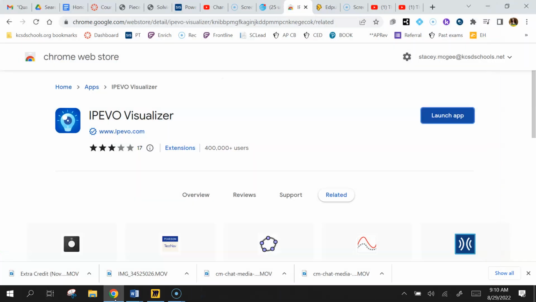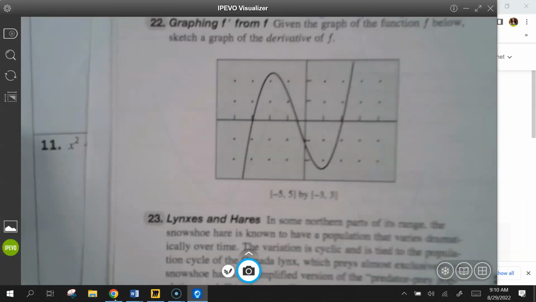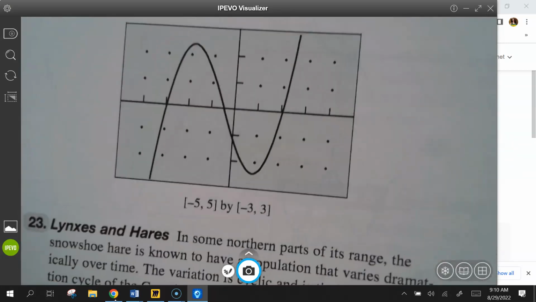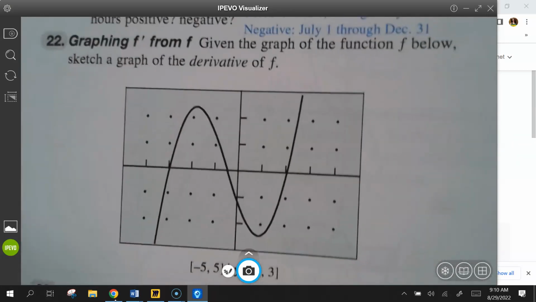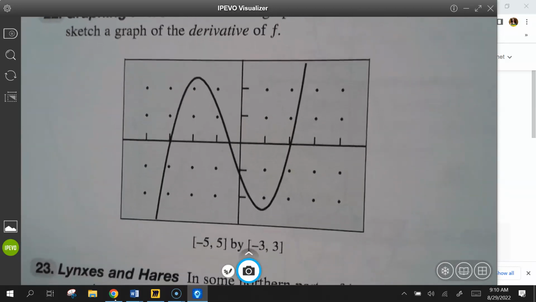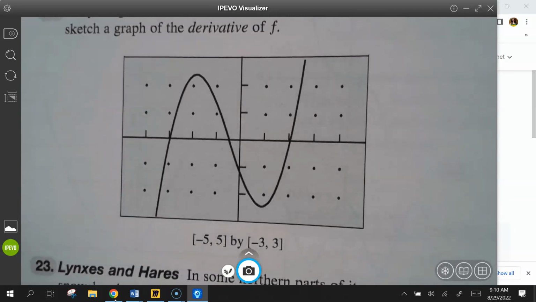Oh, shame. It helps if I plug it in, so that you can estimate slope and stuff. They wanted you to have the points.